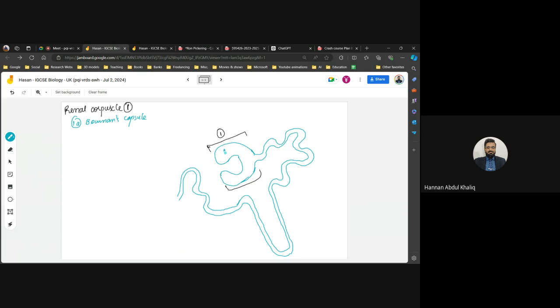This one is 1A. And 1B is the glomerulus. The glomerulus is basically the cluster of capillaries.